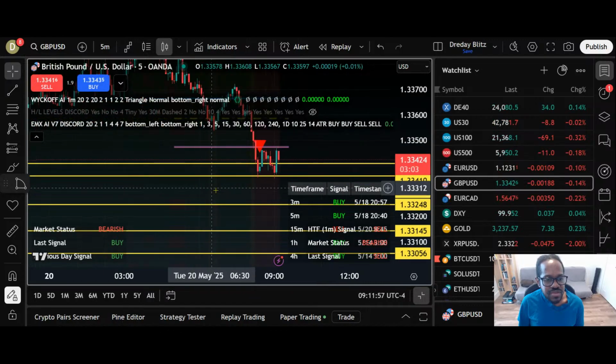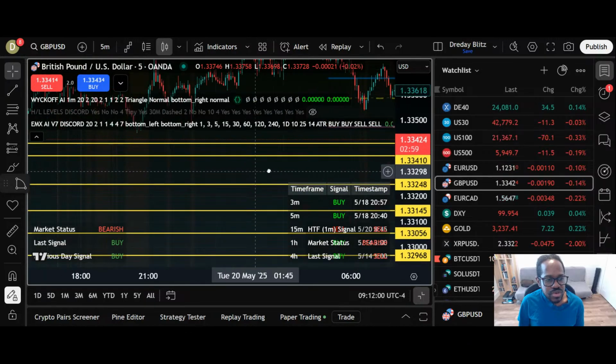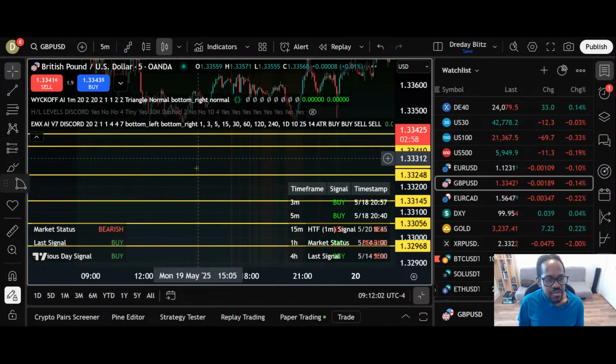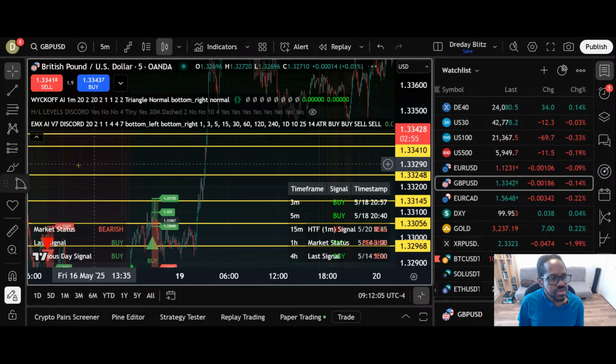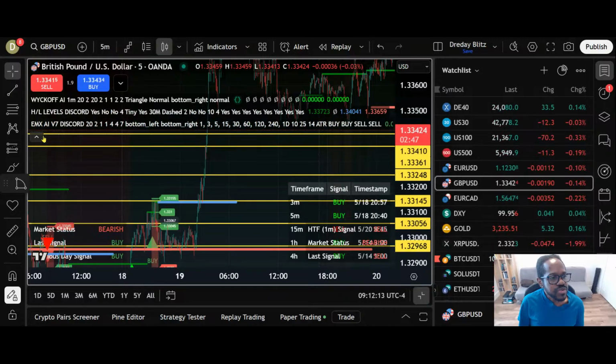So now we just have to look in regards to levels. Those are the levels that I plotted here off of previous levels. Just going to open everything so y'all can see.